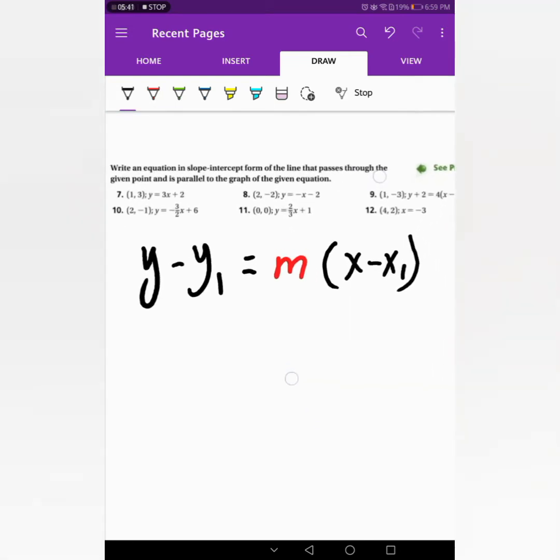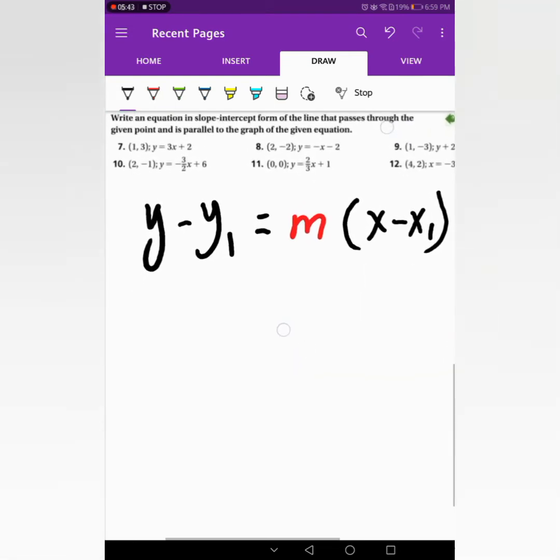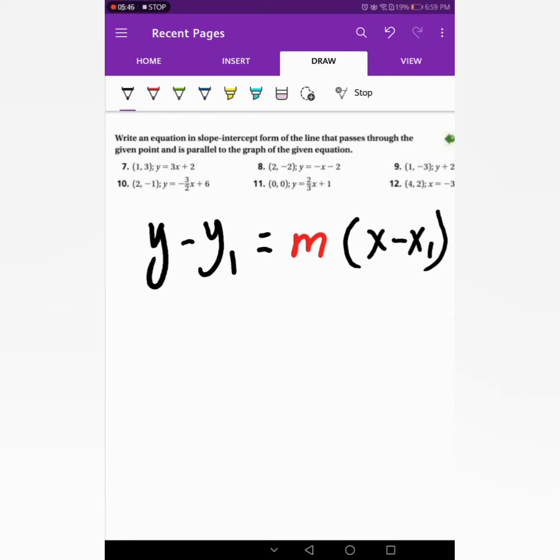Now, how can I solve this? He told me the line passes through a point. That means this is x1 and this is y1. Because he said it passes through the point.